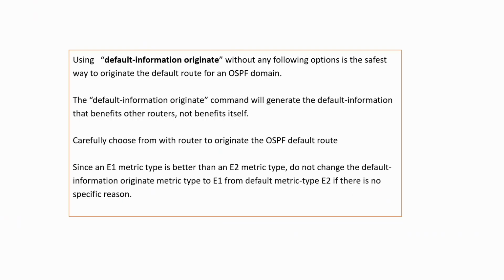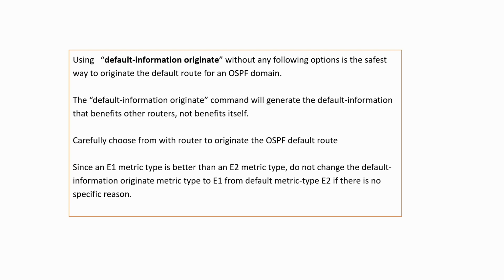Let's recap this. Using default information originate without any following options is the safest way to originate the default routes for an OSPF domain. The default information originate command generates default information that benefits other routers, not itself. Carefully choose which router should originate the OSPF default routes.